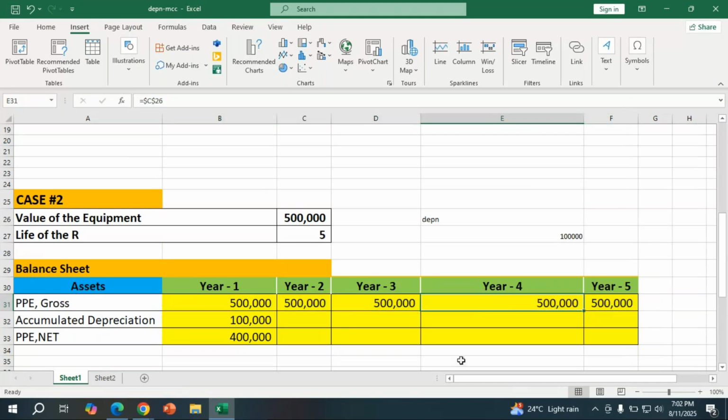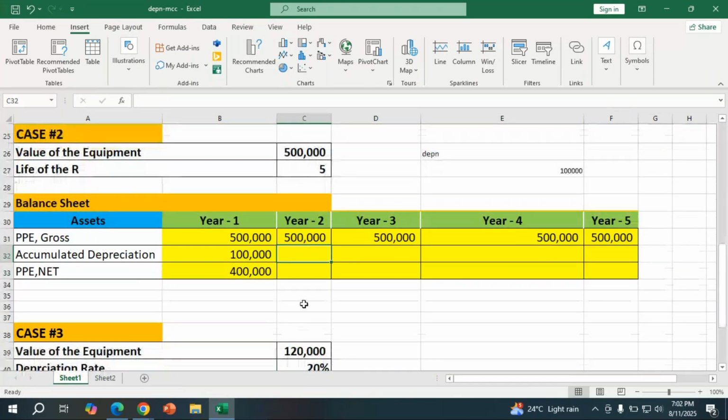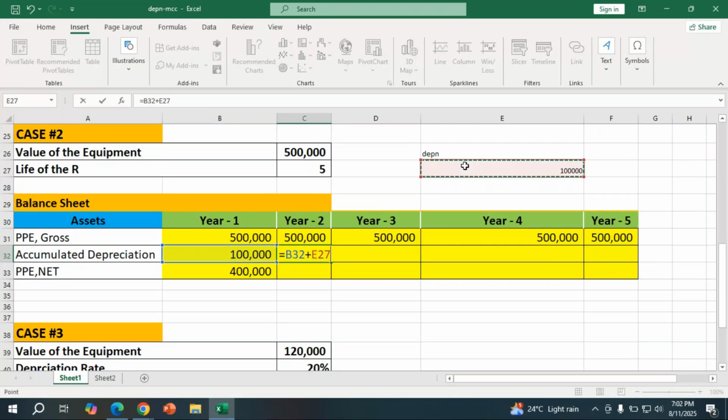Okay, so what is the accumulated depreciation for the second year? 1 lakh of the current year, 1 more lakh of the previous year. It's 2 lakh.